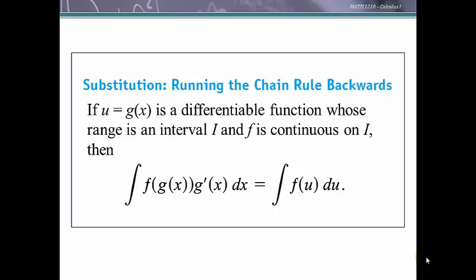So substitution is essentially so we can run the chain rule backwards. If u equals g of x is a differentiable function whose range is in the interval I and f is continuous on I, then we can take the integral of f of g of x times g prime of x dx and replace it with the integral of f of u du.